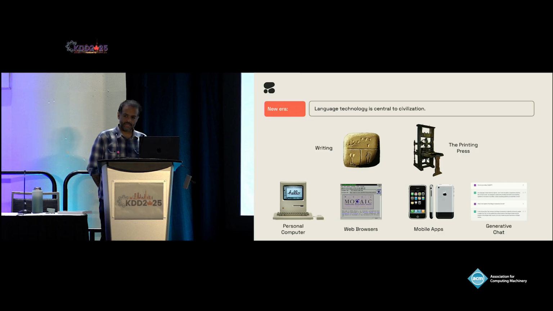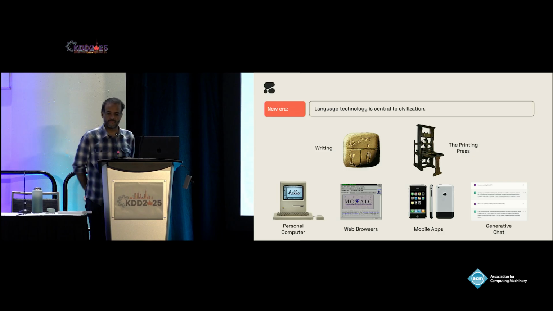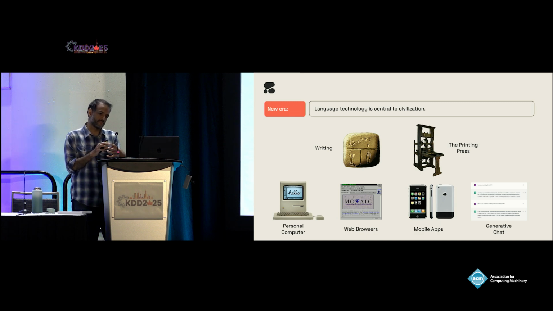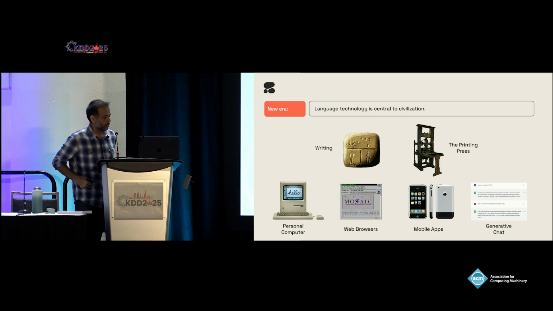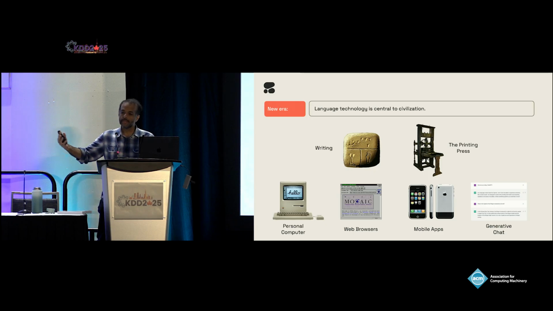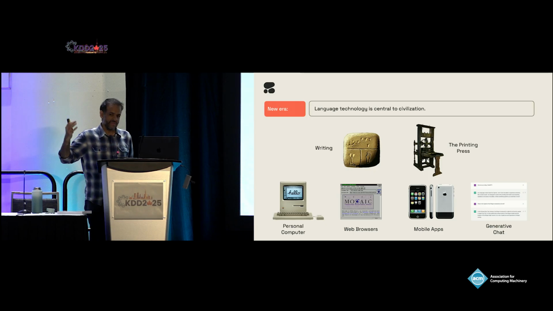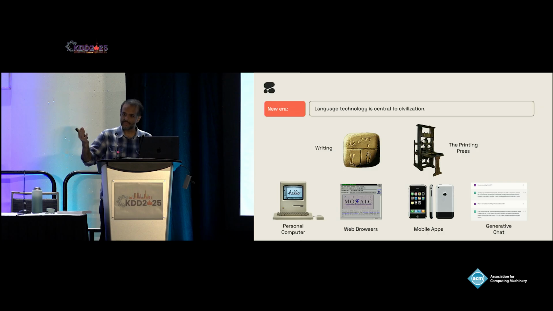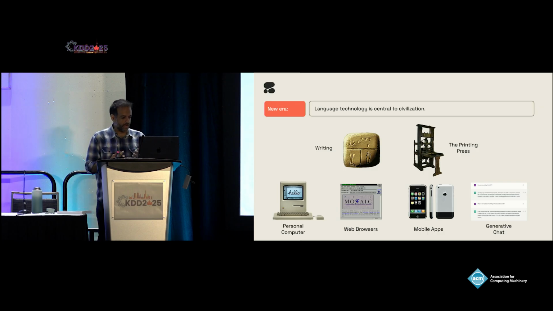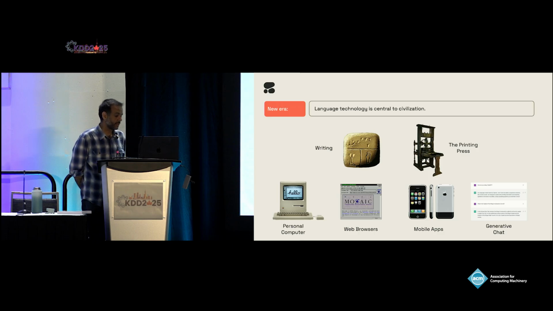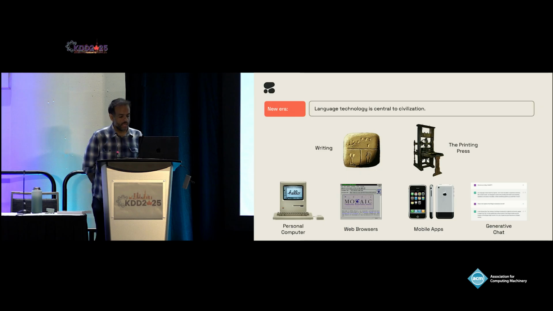But I also go back in time and say, big jumps in language technology have a way of shifting the human species. When we first invented writing, that's literally what we call the beginning of history. That is the definition. The beginning of history is when we invented this way of preserving thought and knowledge and information in records. And that changes us as a species.